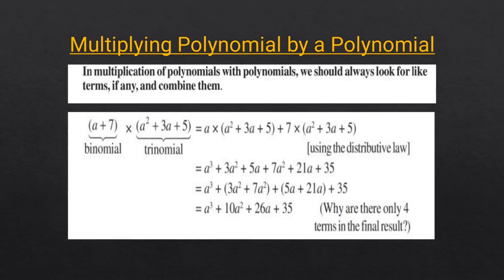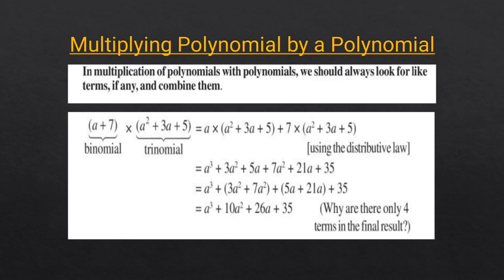Further, we shall also learn about multiplying a polynomial by a polynomial. Well, in multiplication of polynomials with polynomials, we should always look for the like terms, if any, and combine them. This is the most important thing that we should keep in our mind. Further, let us take the help of an example which has a binomial and a trinomial in it.